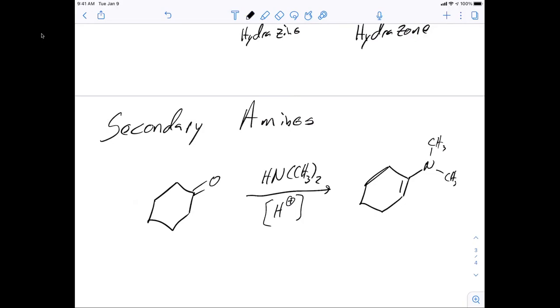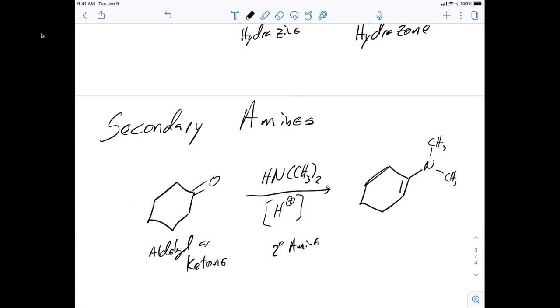Okay, so if I react an aldehyde or a ketone, okay, I showed the first one with aldehydes, this one I'm showing with ketones. I'm going to go back and forth. They're interchangeable. Remember, aldehydes react faster, but both of these will be the same similar products. An aldehyde or a ketone with a secondary amine, right?